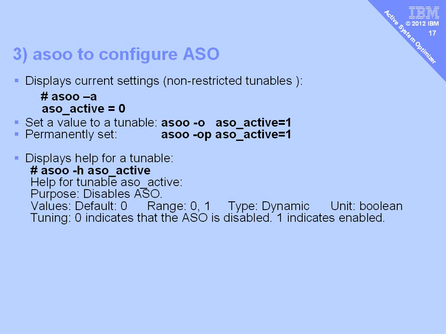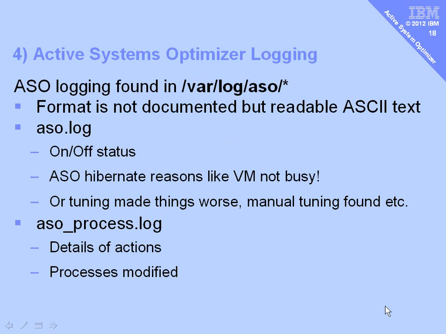There is also a bunch of restricted options that you can set. Of course, you're not allowed to do those normally unless we've been told to by AIX support. I looked at the names and they give no clues about what they actually do. As it runs, ASO logs to /var/log/aso.